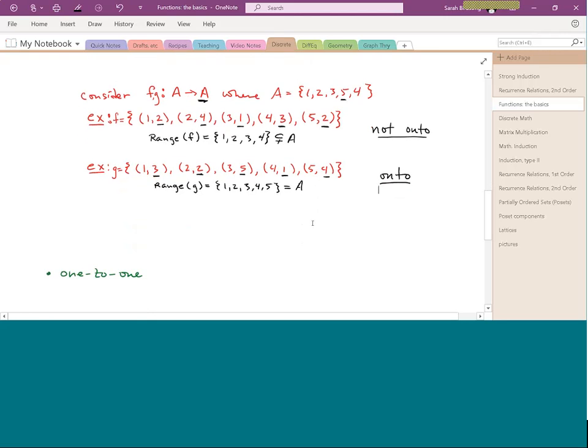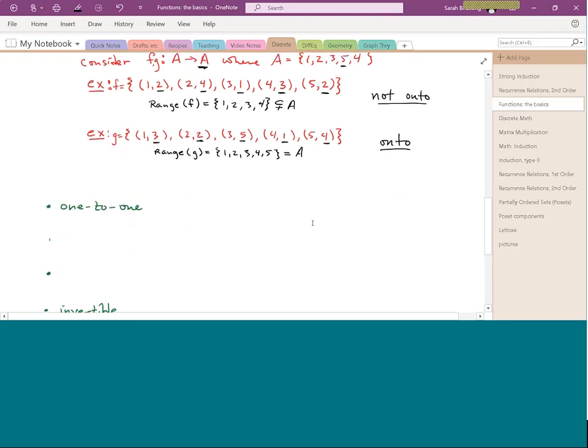The next one that we have is somebody called one-to-one, and let's look and see the definition of one-to-one. Okay, so one-to-one goes as follows, and it says, hey, you start off with some function. So f is a one-to-one, and people often abbreviate one-to-one, 1-1. I know that looks like kind of an H if you're writing quickly, but it actually is supposed to be a 1, a dash, and then a 1.